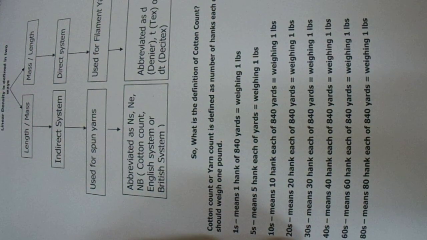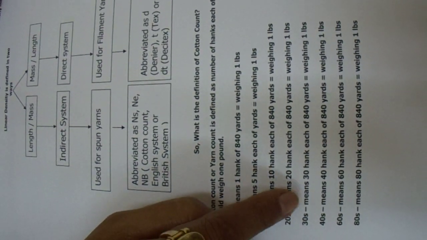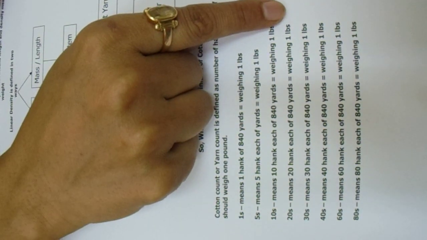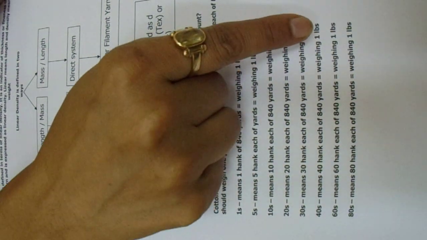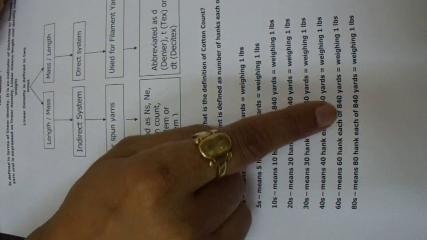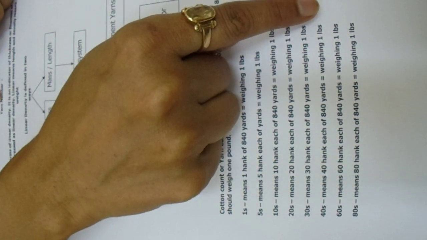If I say 30s, this means 30 hanks each of 840 yards is weighing 1 pound. If I say 60s, this means 60 hanks each of 840 yards is weighing 1 pound. 80s means 80 hanks each of 840 yards should weigh 1 pound.